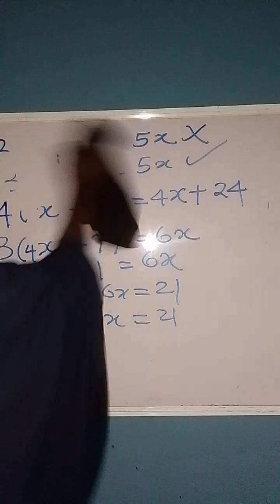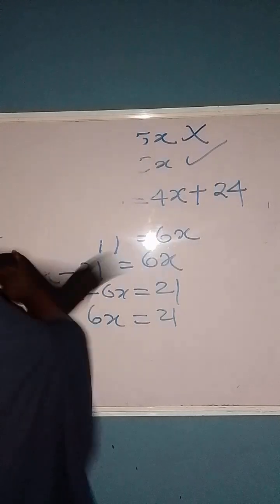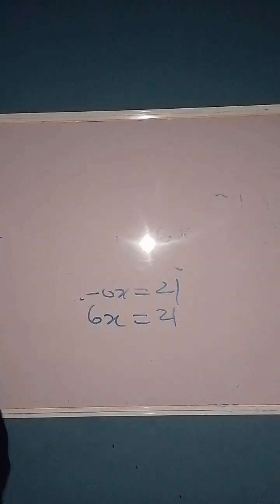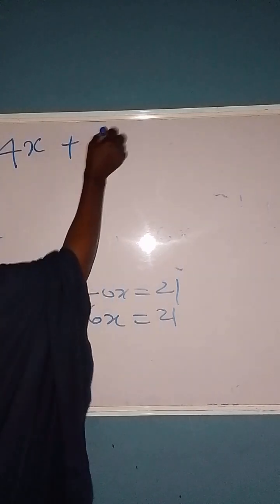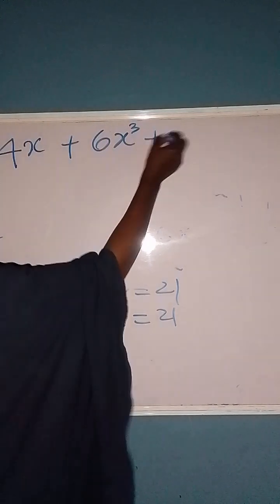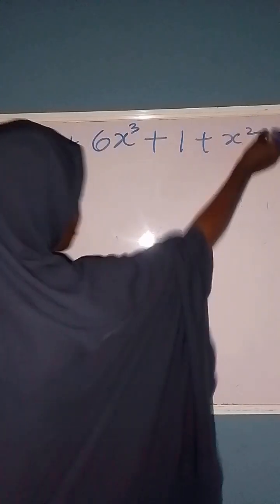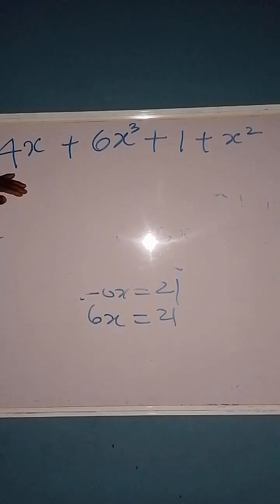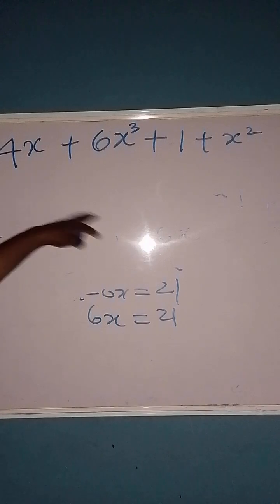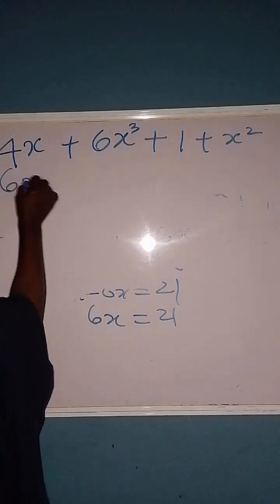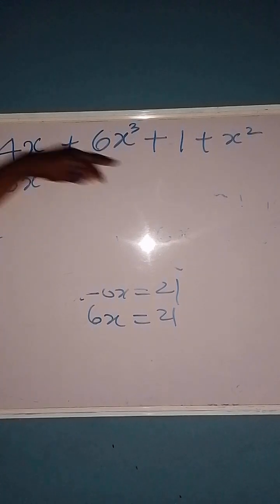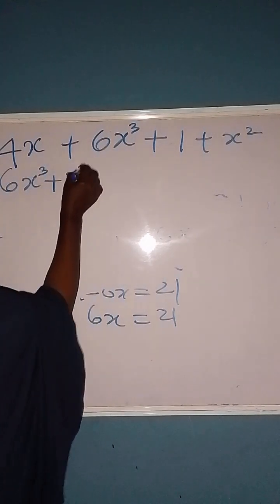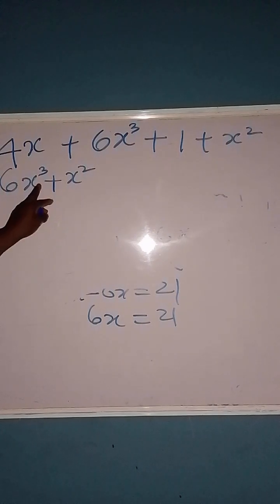Then another thing I made mention of is that you should know how to arrange depending on the power. You start from the one with the higher power. For instance, if you are given an equation like 4x plus 6x cubed plus 1 plus x squared, if I want it in polynomial form, to write it correctly you have to start from 6x cubed, because this is carrying x with the highest power, followed by x squared, which is the one that follows x cubed.